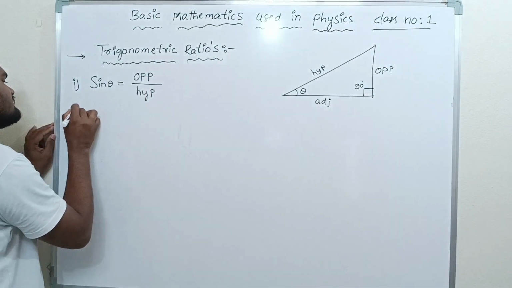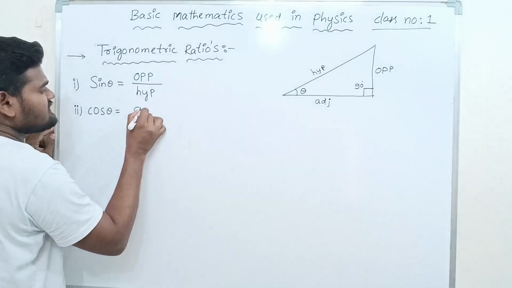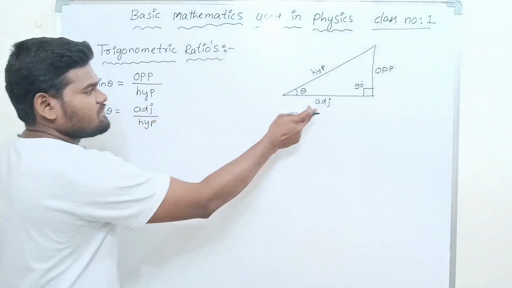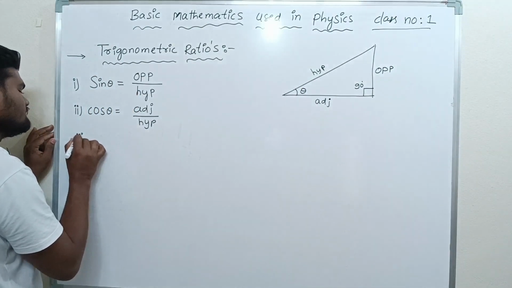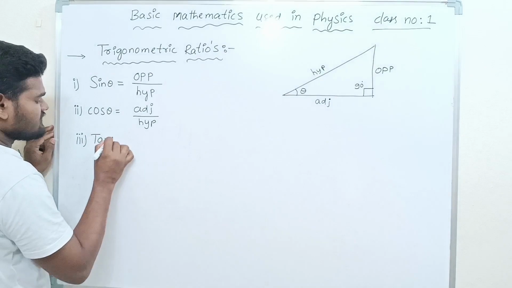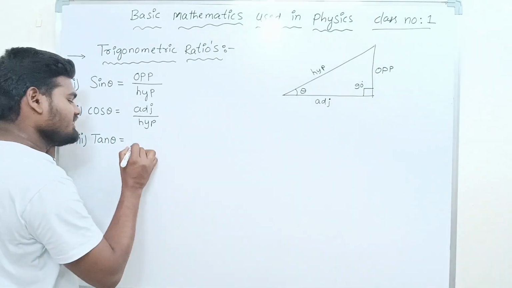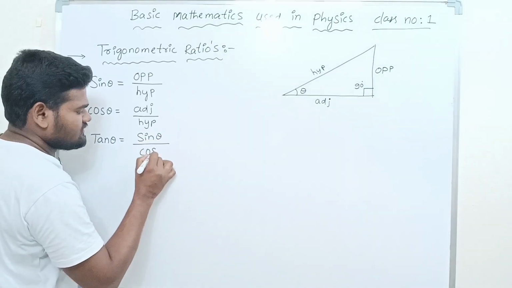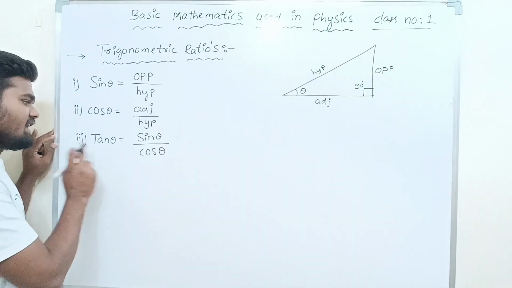The second one, cos theta, is equal to adjacent side by hypotenuse. And the third formula, tan theta, can also be known as the ratio of sine theta by cos theta.